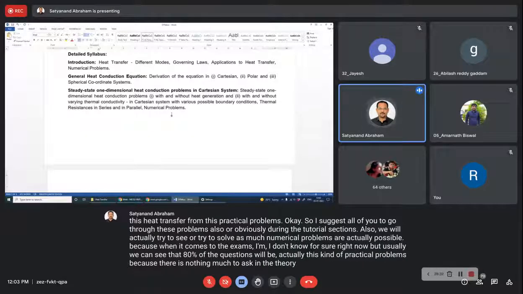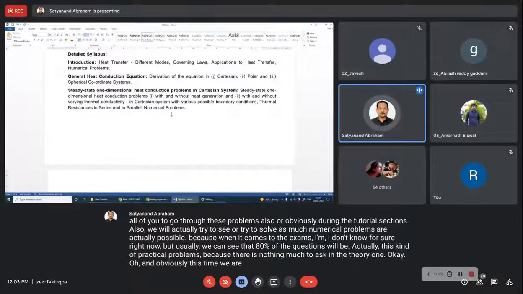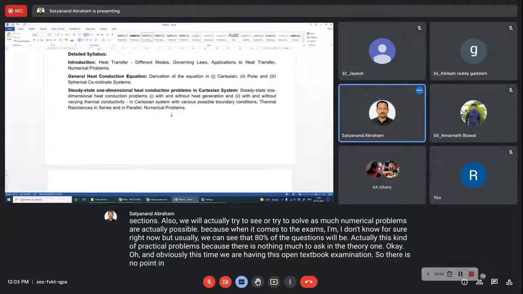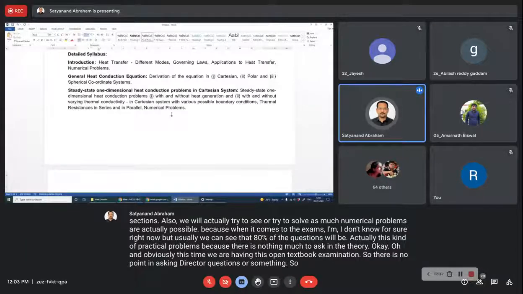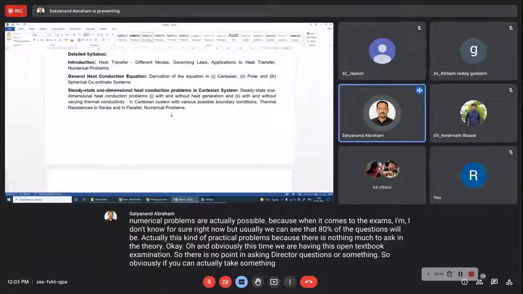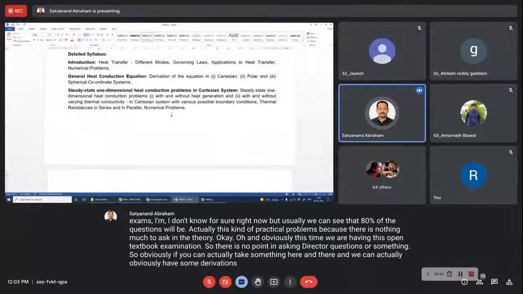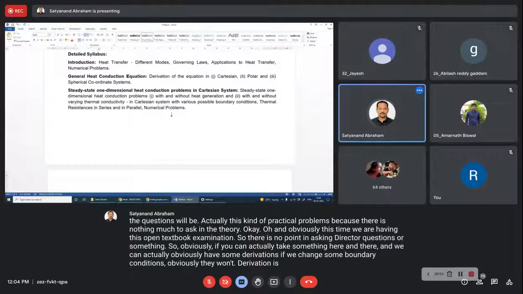Okay, and obviously this time we are having an open textbook examination, so there is no point in asking direct questions. If we take something here and there, and add some derivations, or change some boundary conditions, the whole derivation is going to be different.